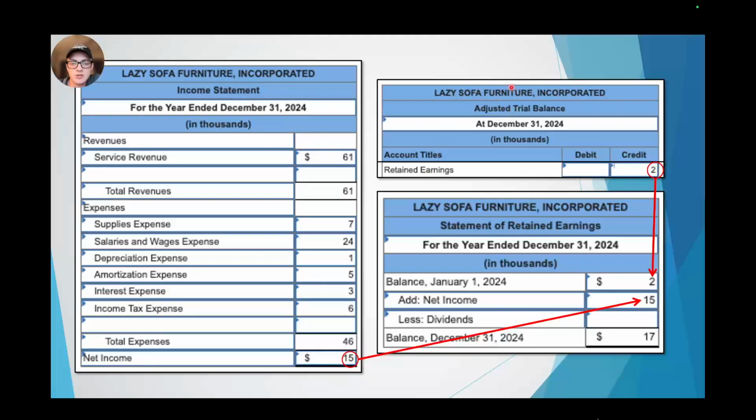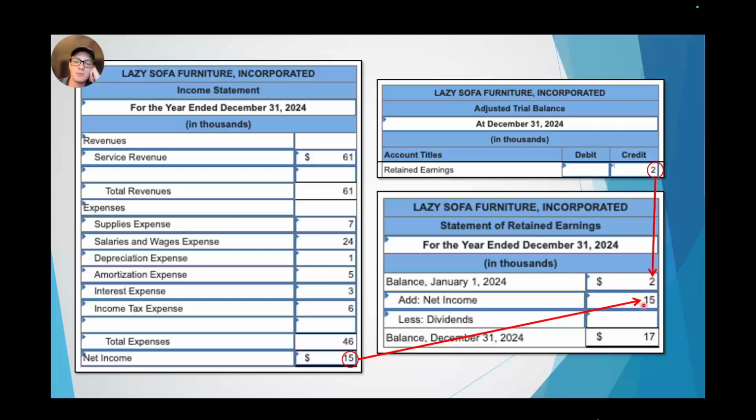Our adjusted trial balance, we only need this one thing right here, so it's all cropped down to this one account. This right here is coming from the entire trial balance, but it's just all smushed down to show this one account. So your net income is added to your statement of retained earnings right here. Add net income. You'll take your beginning retained earnings balance of $2.